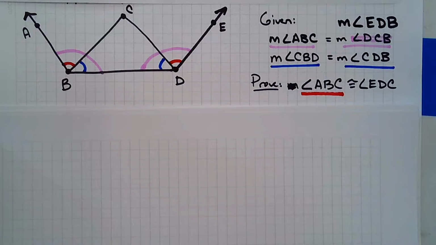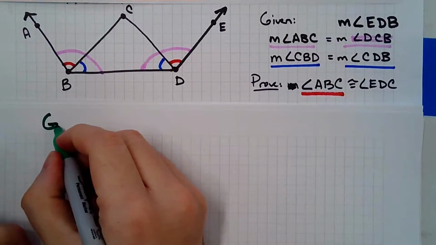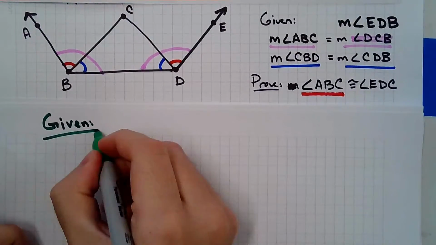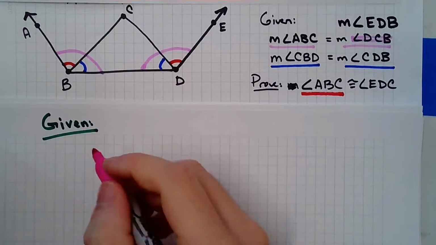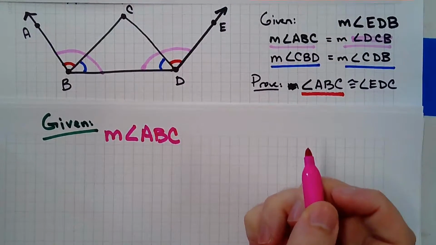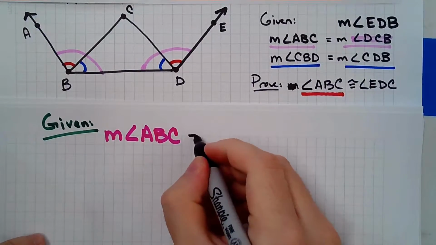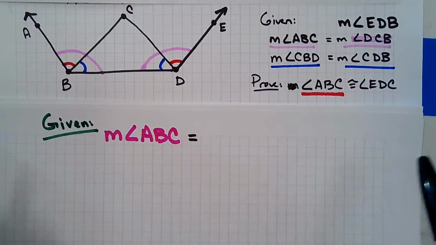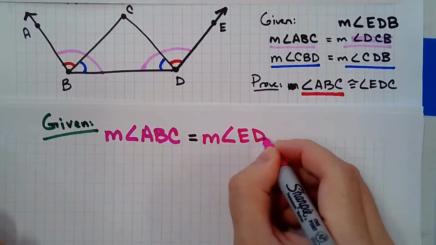How do we go about doing this? Well, it seems silly, but I'm going to write it. Here's what we're given, right? We're given that measure of angle ABC is the same measure as EDB. The two pink angles are congruent.